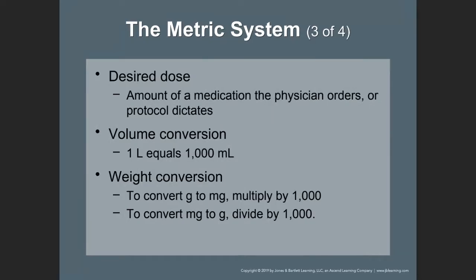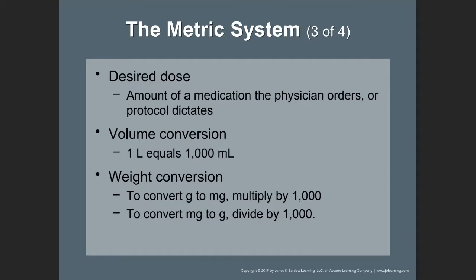Now, the desired dose is the amount of medication the physician orders or protocol dictates. So, desired dose is the amount of medication required, or the amount of medication that your physician orders you to administer. Volume conversion: 1 liter is equal to 1,000 milliliters. It's a simple concept.